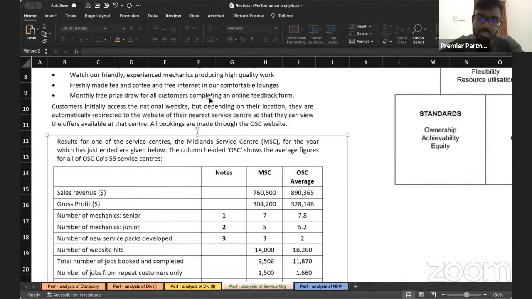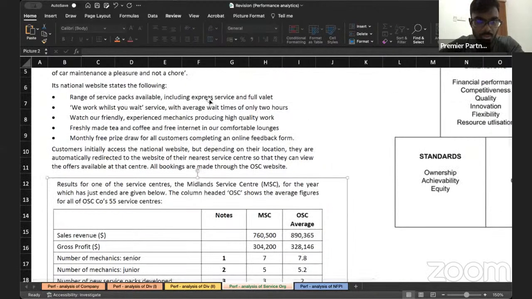While they work, they can sit and drink coffee and browse the internet and wait. Yes, they can. How do we flexibility?